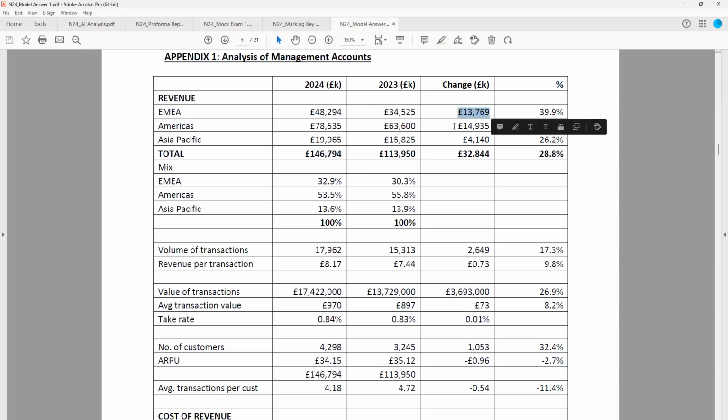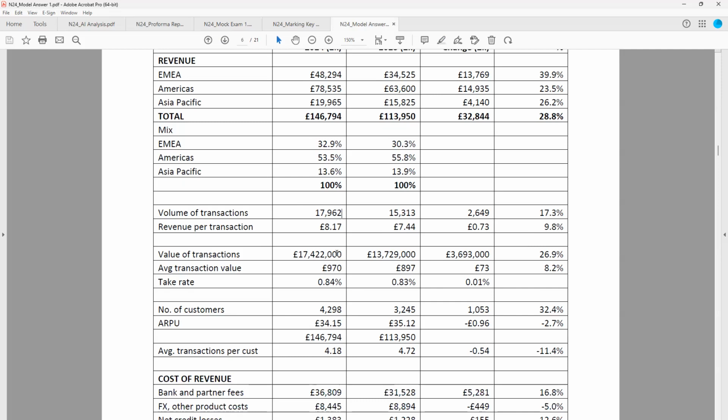Once you get your change, does that look correct? Based on the movement there, that does look sensible, and then calculate percentage. And again, sense check that. Is that roughly a 25% addition there? Clearly, it is. And then, of course, you calculate your mix numbers in the same way as you did for 23.